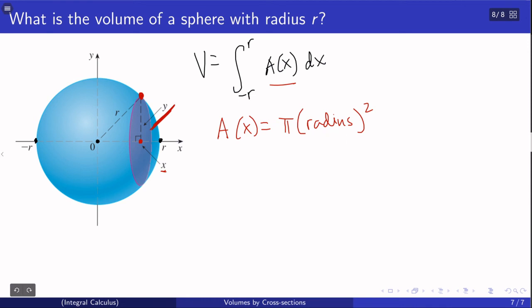So now the question is, what is this curve on top? What's my y-coordinate? Well, that curve is just a semicircle of radius r centered at the origin. So this is the curve y equals the square root of r squared minus x squared, coming from the more standard form of the circle, x squared plus y squared equals r squared.